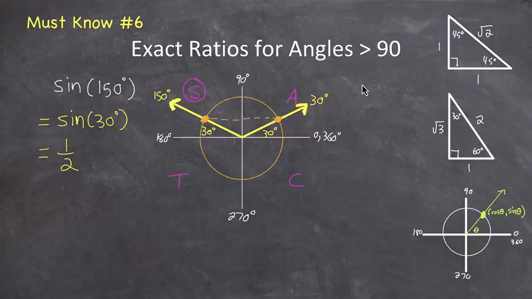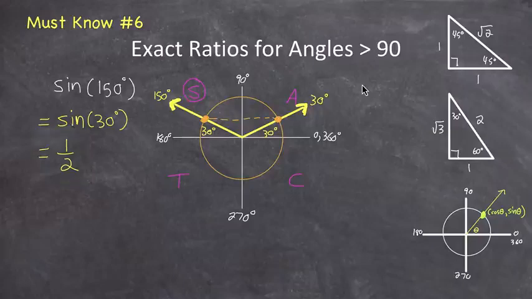And if you remember, the y-coordinate of where we intersect the unit circle is equal to the sine ratio of the angle. So of course sine of 150 and sine of 30 have the same value because they intersect the unit circle at 2 points that have the same y value. And the y value of those points would of course be a half.